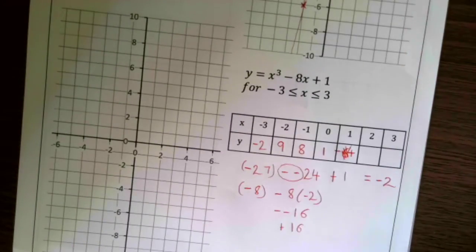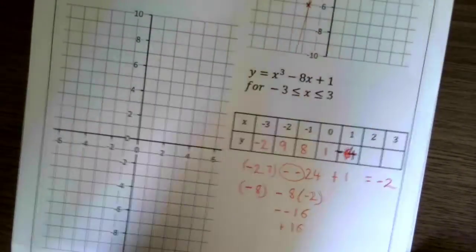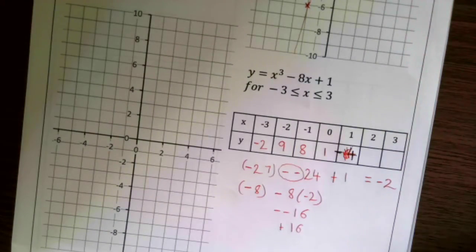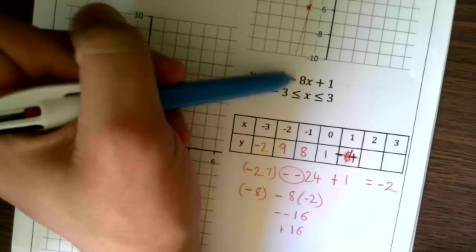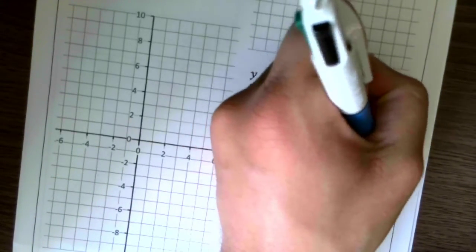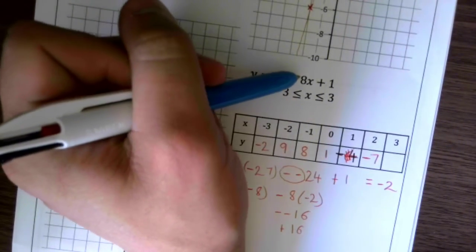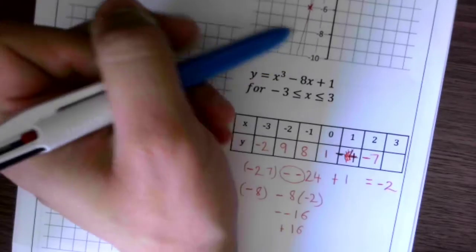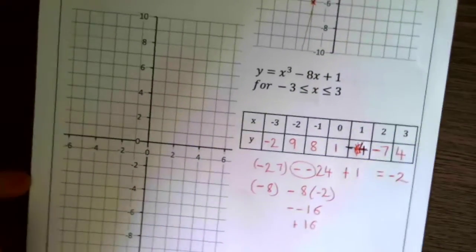I'll just go over that in black. 2 cubed is 8. Take away 16 is negative 8. Plus 1 is negative 7. 3 cubed is 27. Take away 24 is 3. Plus 1 is 4. Okay, so let's plot these points now.